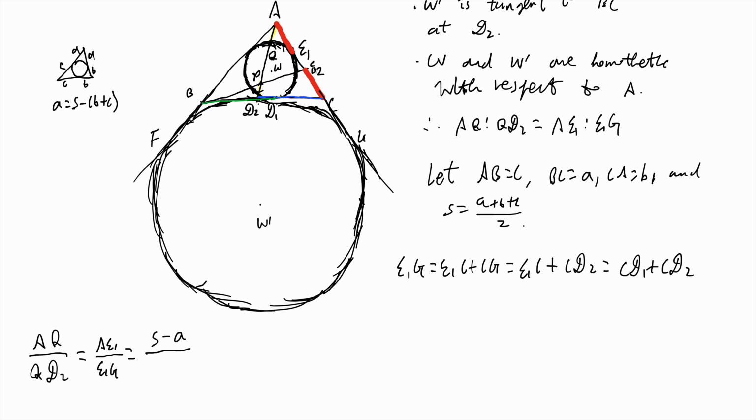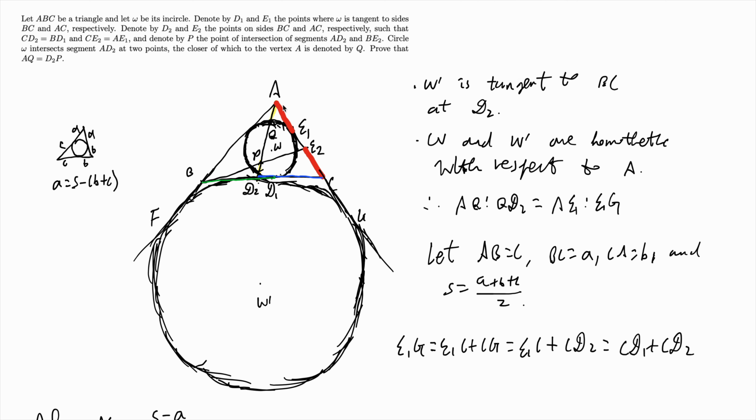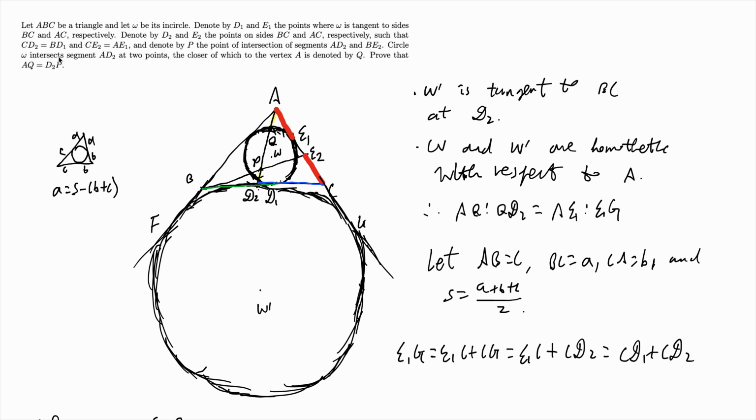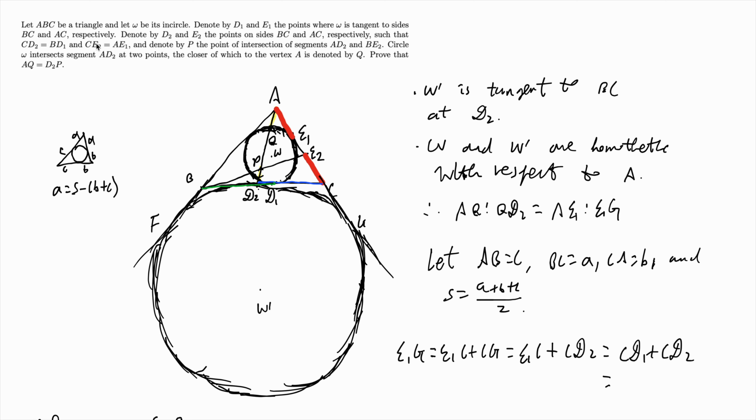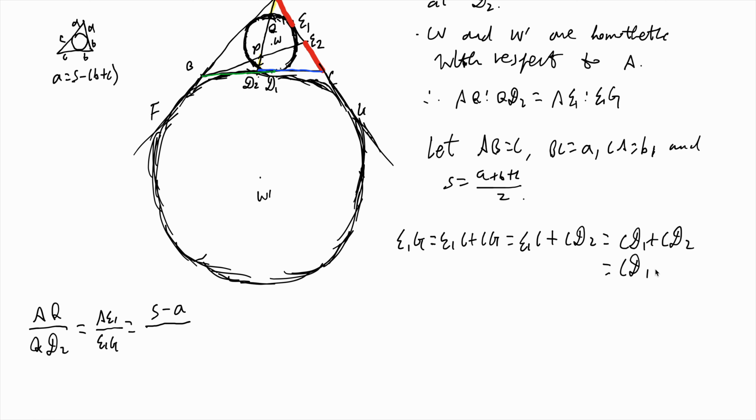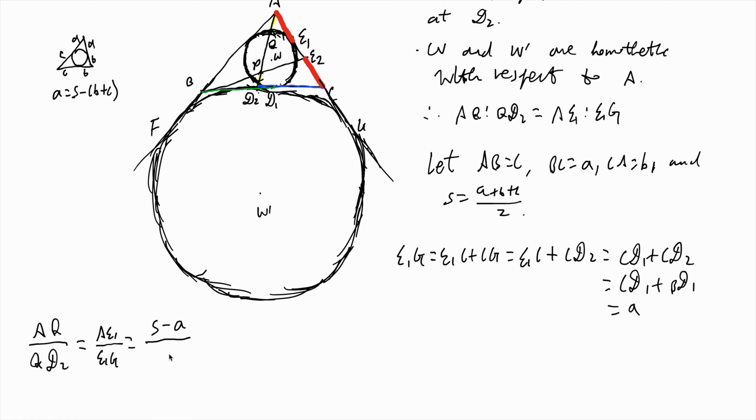But I think everyone knows that, so I'm going to skip it. What is CD sub, wait, it's CD sub 2. Now we know that CD sub 2 is equal to BD sub 1, that's given by our problem, by construction, plus CD sub, BD sub 1. And this one plus this one is obviously equal to a. So we know that this is true.